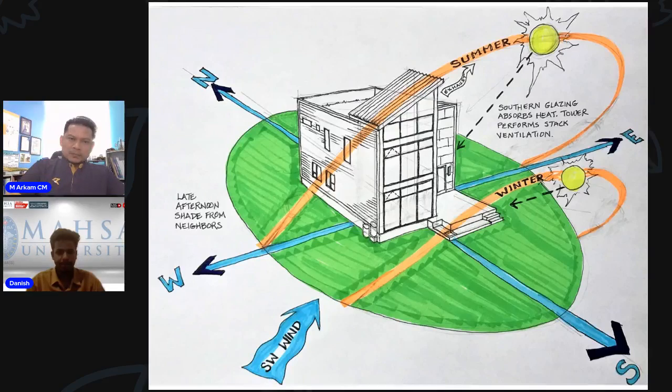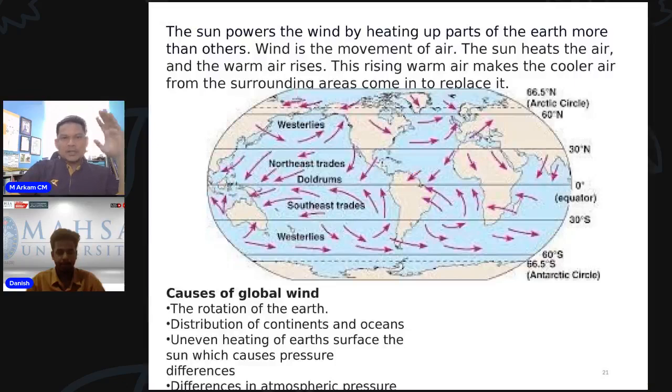So with that, understanding the heat in terms of power coming from the sun, then we can understand what about wind.